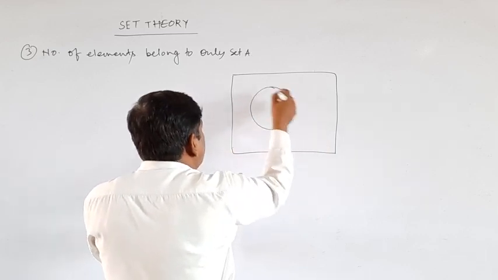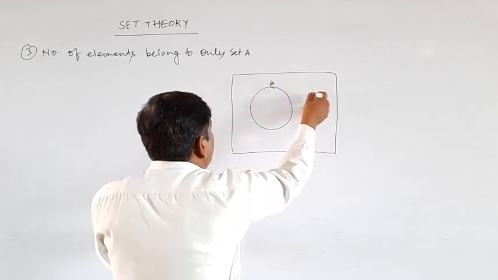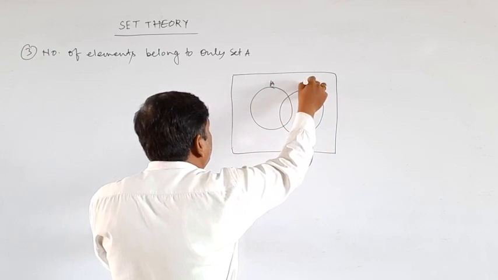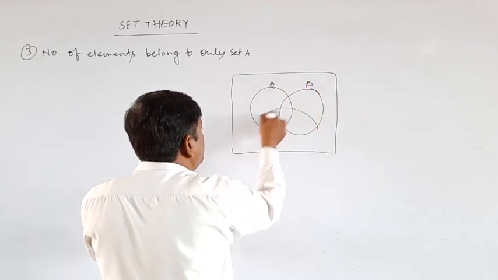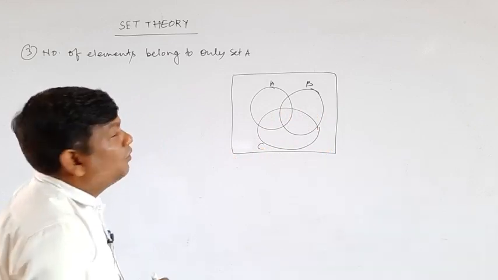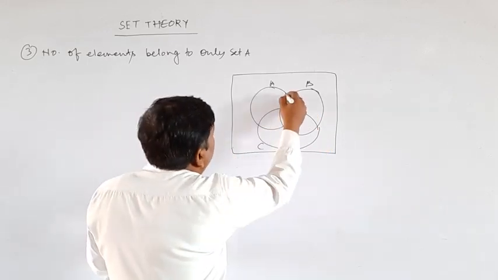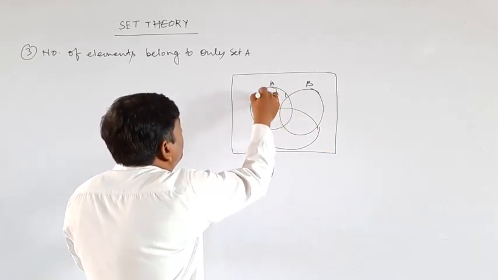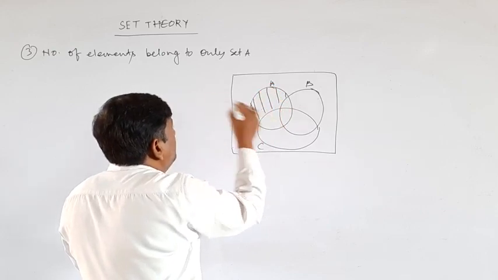This is set A and this is set B and this is set C, suppose. Only A means what? This portion is only A.